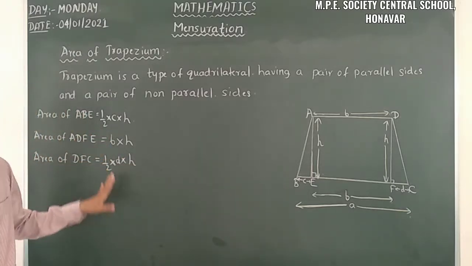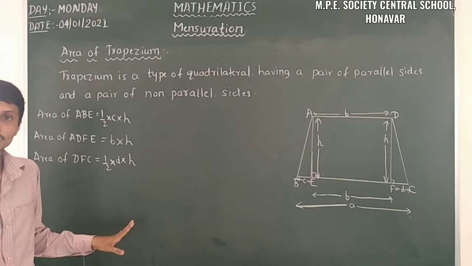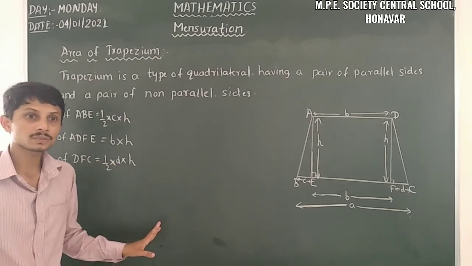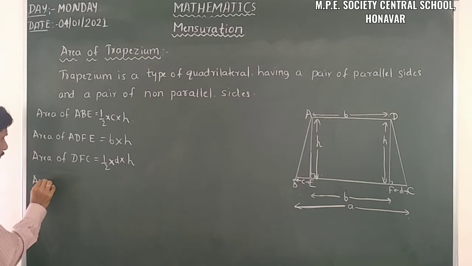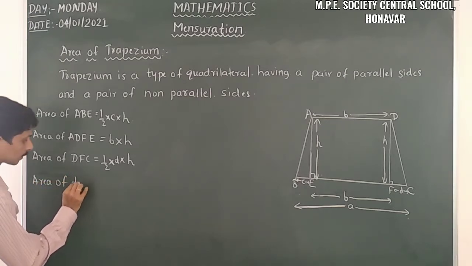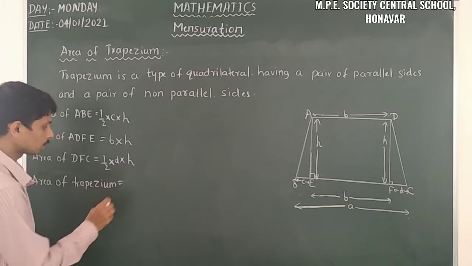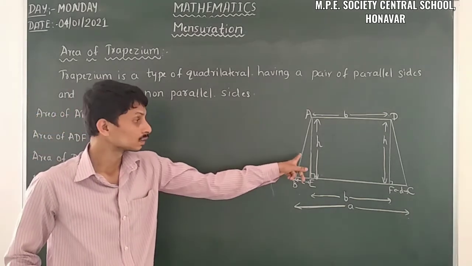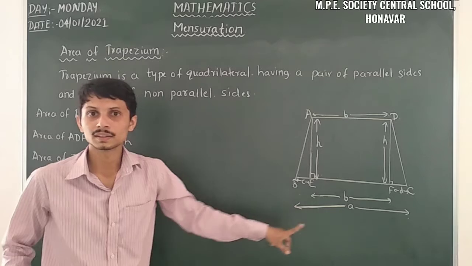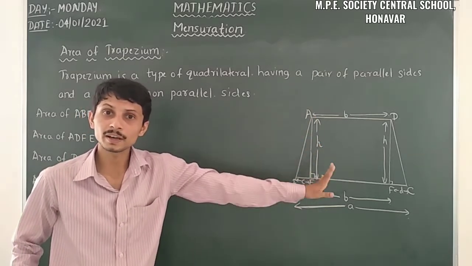So here we have three things. So already we know that the area of a trapezium is the sum of these three areas. So let us take area of trapezium. In this trapezium we have three different closed figures.